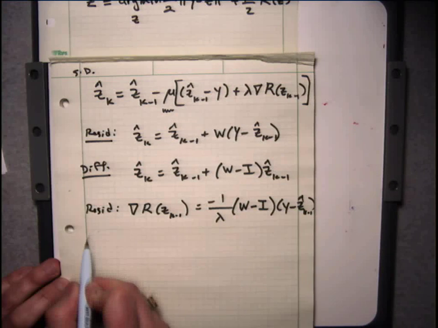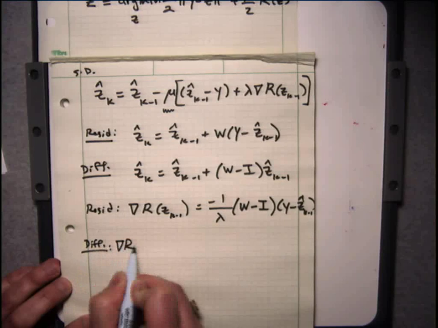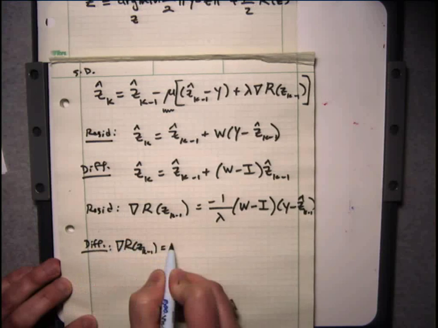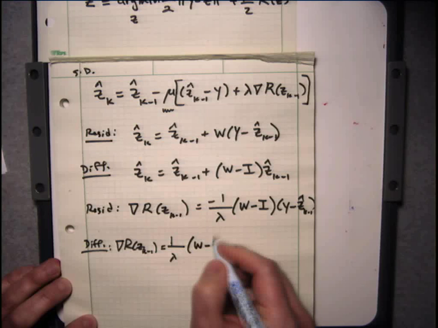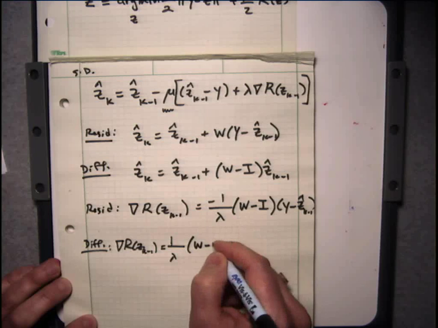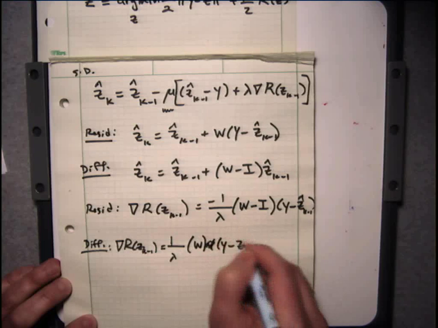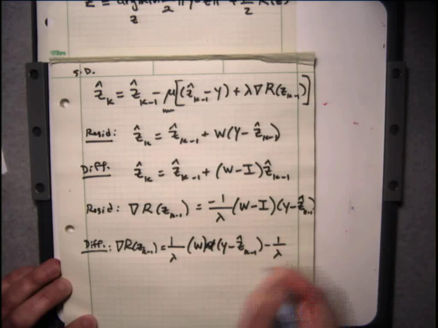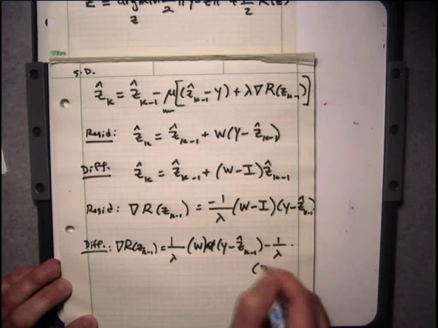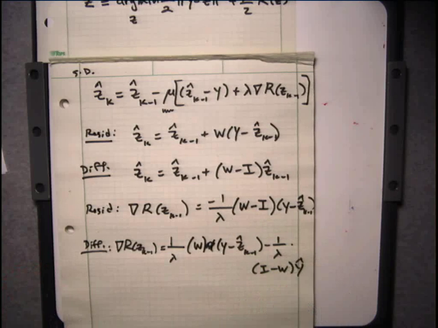And for the other case, for the diffusion case, it's a little bit more complicated. This gradient of r at z hat k minus 1 is 1 over lambda w, well, it's just w times y minus z hat k minus 1, minus 1 over lambda times I minus w times y.